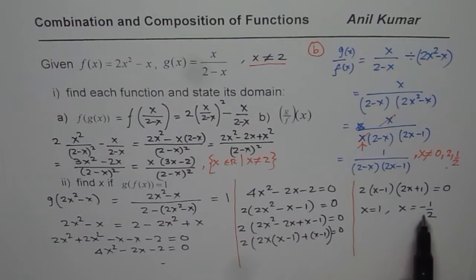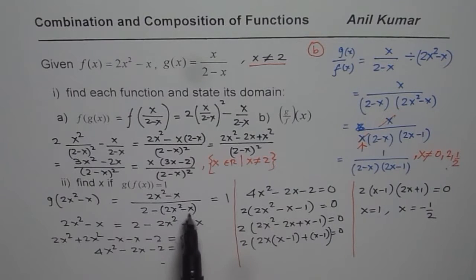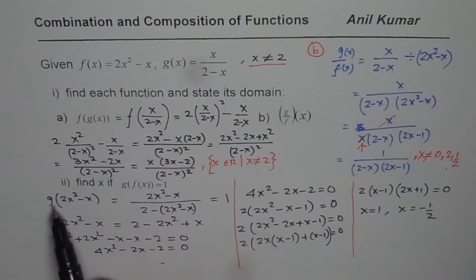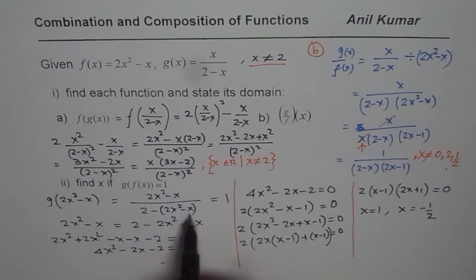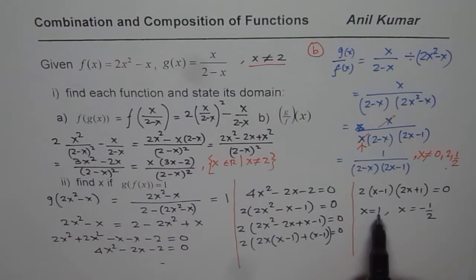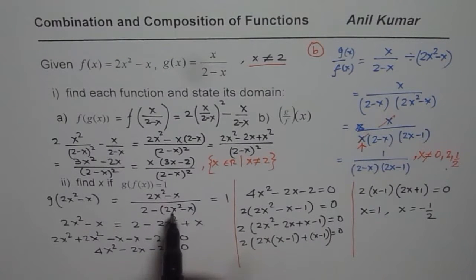Now before we get there, we have to check the restrictions. The restrictions are that the denominator cannot be 0, right? So the first restriction is g of f of x. When it comes to the denominator, this whole term cannot be 0. So what I can do is substitute 1 and check. If I substitute 1 here, do I get 0 in the denominator?